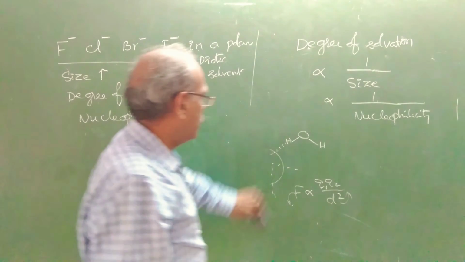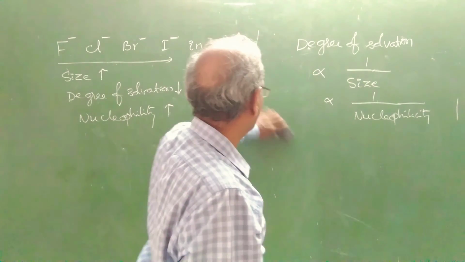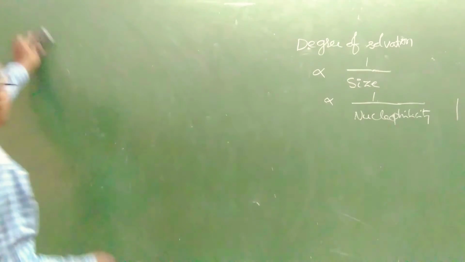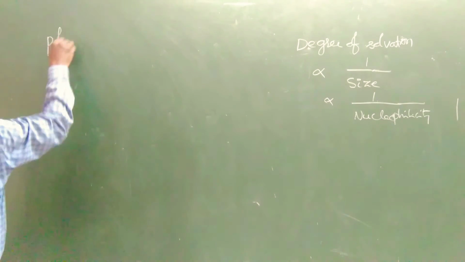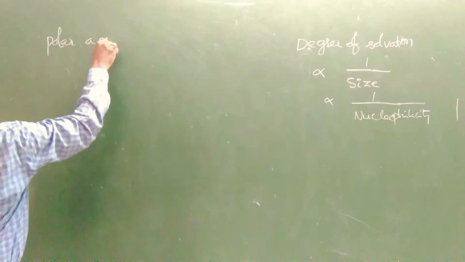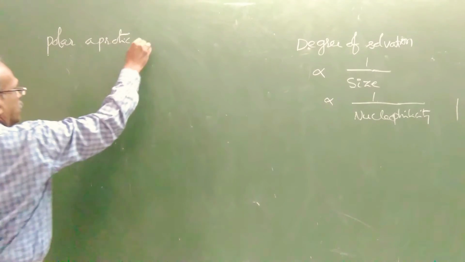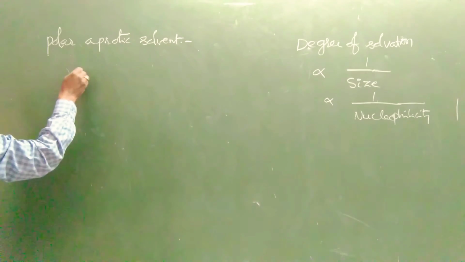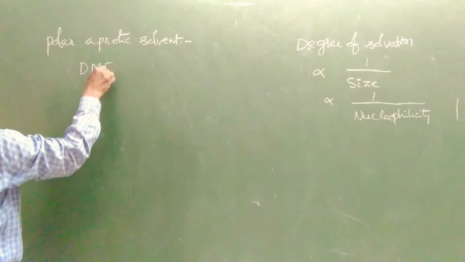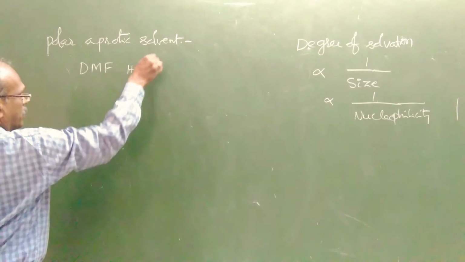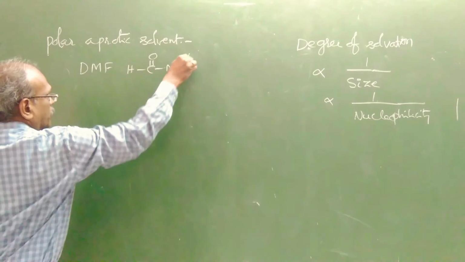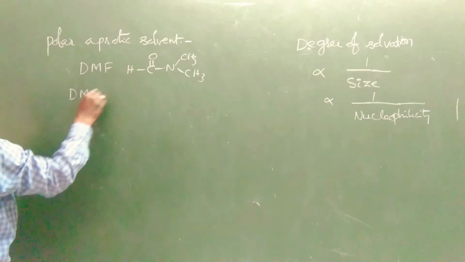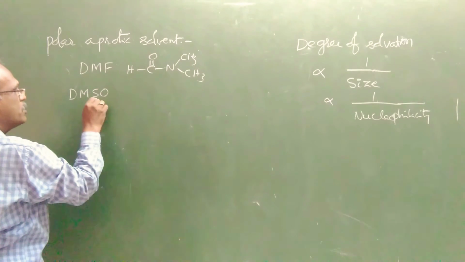Now let's see the effect of a polar aprotic solvent. For example, DMF, dimethyl formamide, or DMSO, dimethyl sulfoxide.